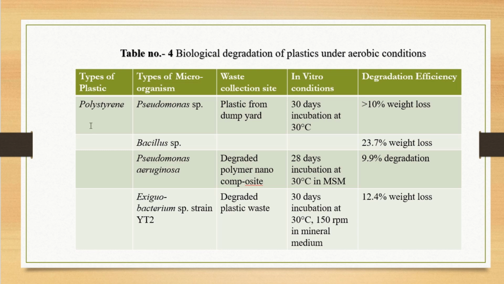When polystyrene is treated with Bacillus subtilis, the result is 23.7% weight loss. When they treated this type of bacteria and kept it for 28 days incubation at 30 degrees Celsius in MSM, the result is 99% degradation rate.